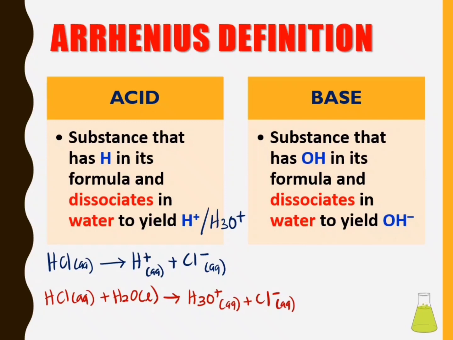So very familiar base yang you dah biasa apa? Sodium hydroxide. So sodium hydroxide base solution, so the phase aqueous, dissociate into water, it will produce Na+ aqueous plus OH- aqueous.